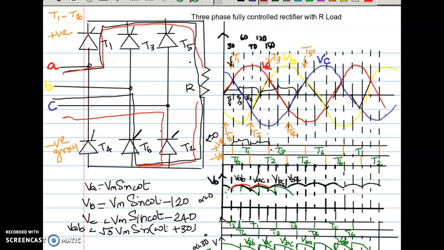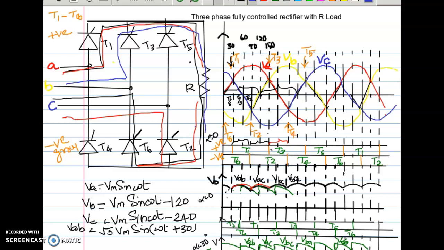T1 and T6 conducting, VAB. T1 and T2 conducting, VAC. Like that, during this interval, you can see T3 and T2 are conducting. T3 and T2 are conducting means T3 means phase B. From here reaches the load.